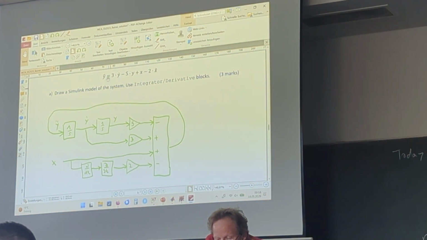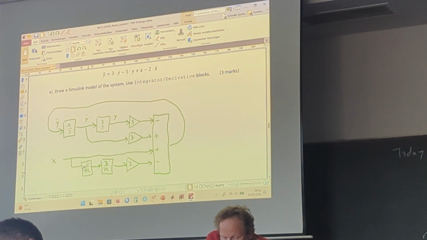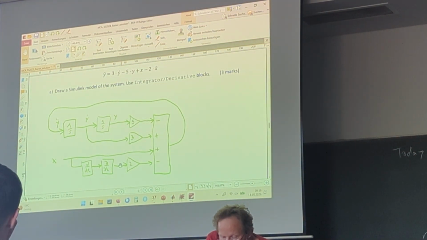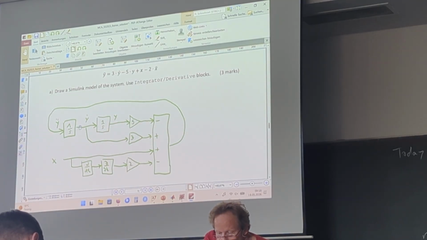And we do need a derivative here for the input variable, because we don't just need it itself, we also need a derivative of the input. That is really done with derivative blocks. Okay? And everything that has to do with the output, we need to send through integrators. Okay, then the rest should be clear.